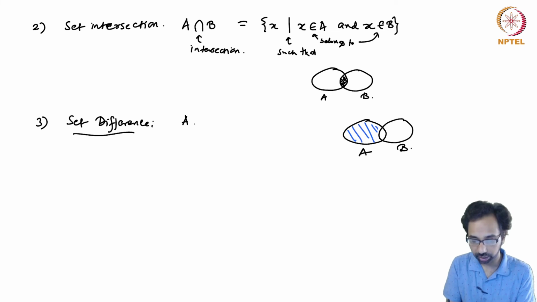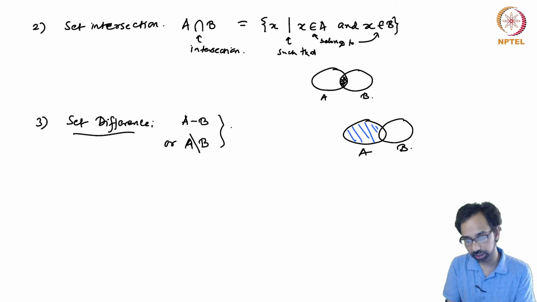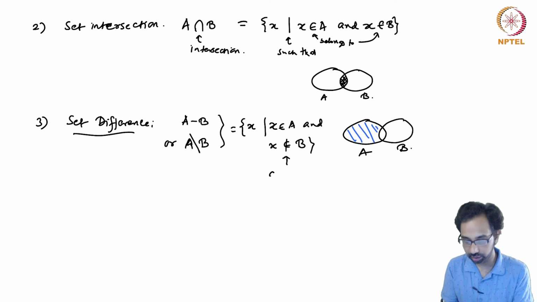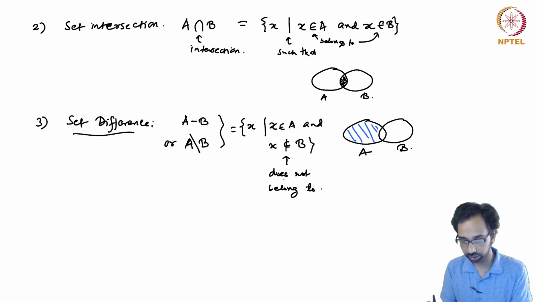So we write it either A minus B like this, or also A minus B is written like this, and in mathematical terms it is the set of all x such that x is in A and x is not in B. Here I am using another notation, which means does not belong to, which is the opposite of the belongs to notation, and this straight line that cuts through the symbol means it does not belong to B.